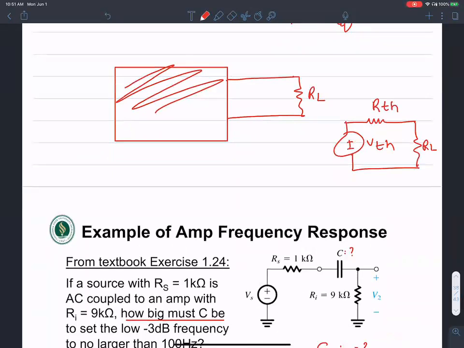And I can do the exact same thing. Can I represent this using some current source with a resistance Thevenin, a Norton's equivalent, a current source?